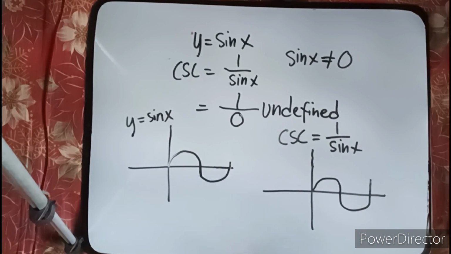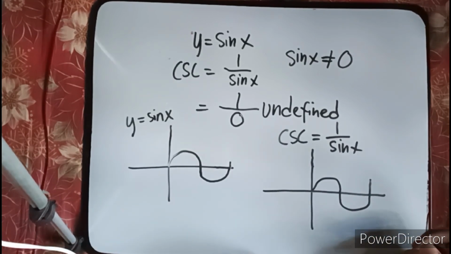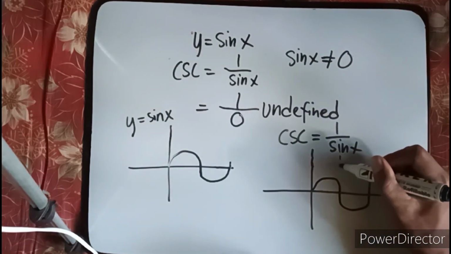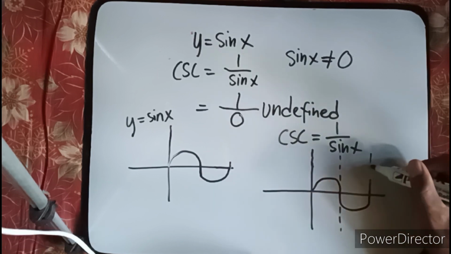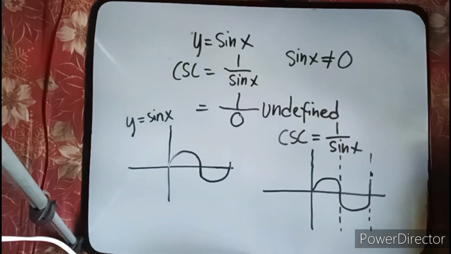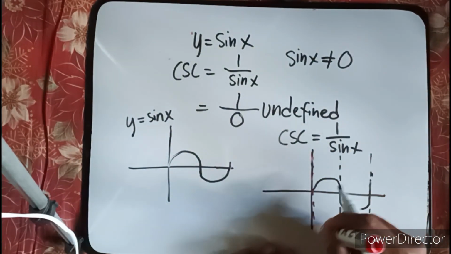Since the sine function looks like this, we now have the vertical asymptotes at points where cosecant x is not defined. So we will have vertical asymptotes here, and here.